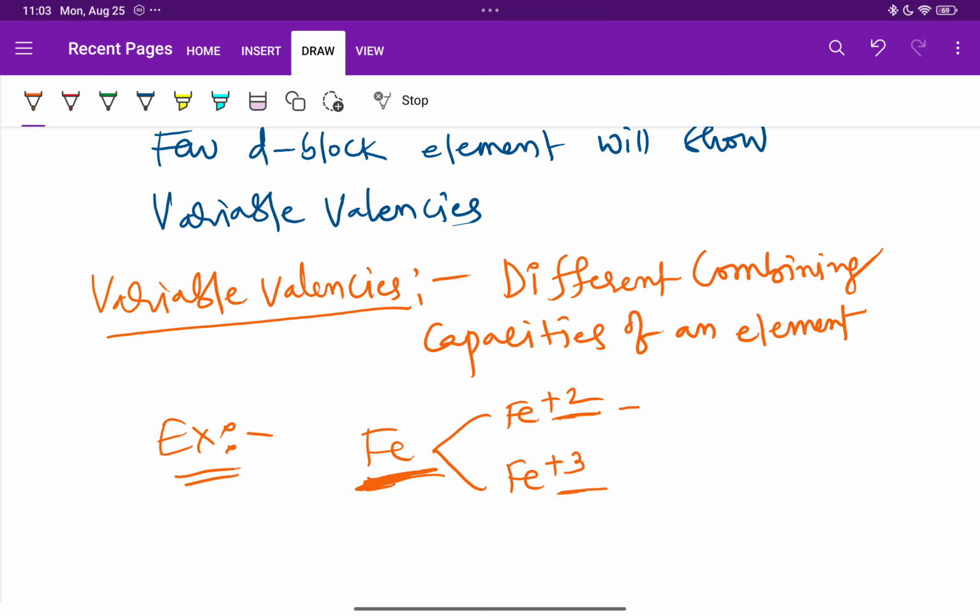The lowest positive charge is called ferrous, so the us suffix we get when a metal has the lowest positive charge. And Fe +3, here the charge is high when you compare with +2, so the name of Fe +3 is ferric. The ic suffix you get when a metal has a high positive charge.